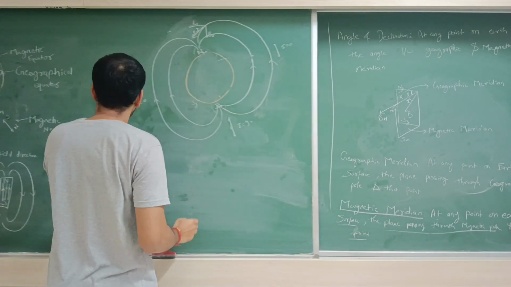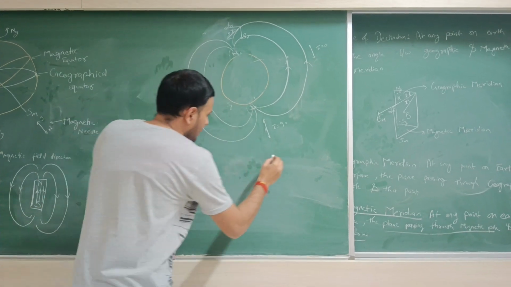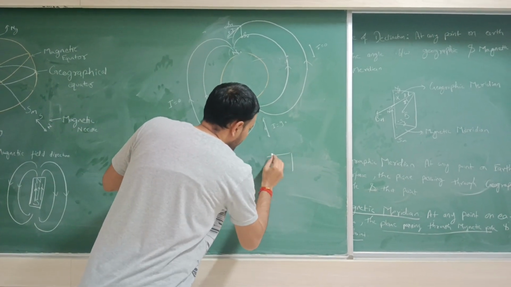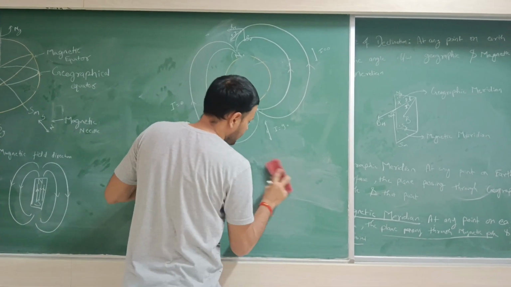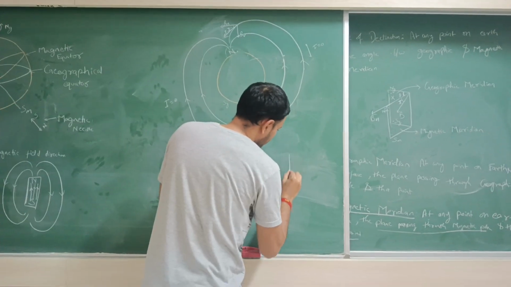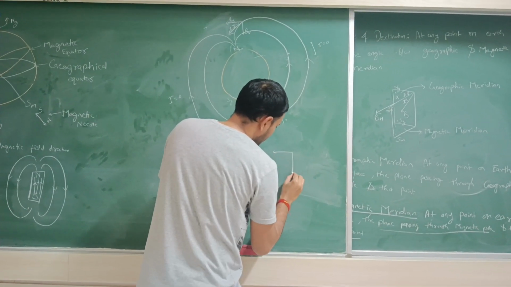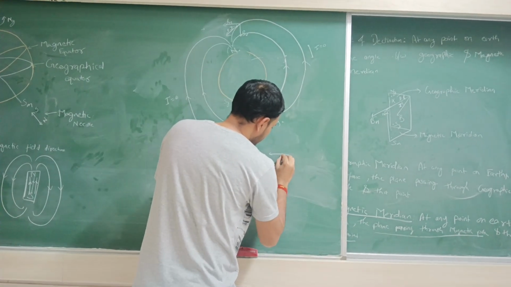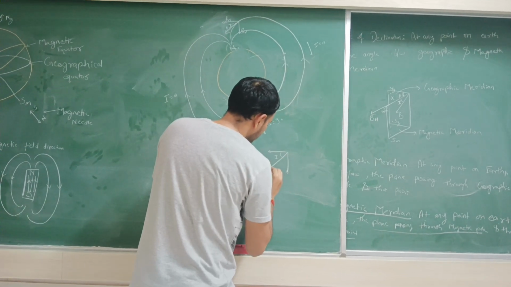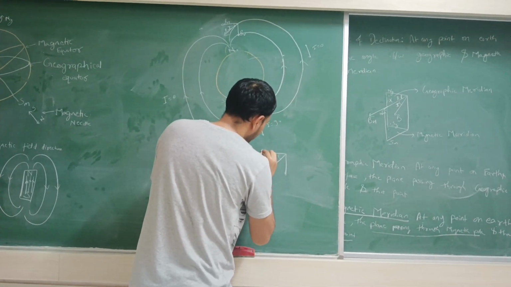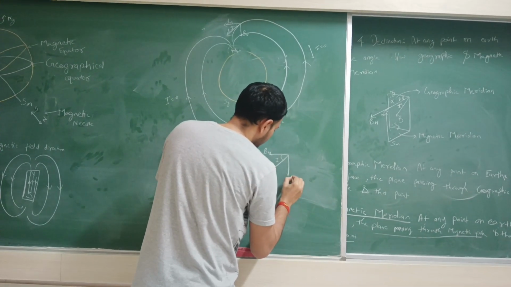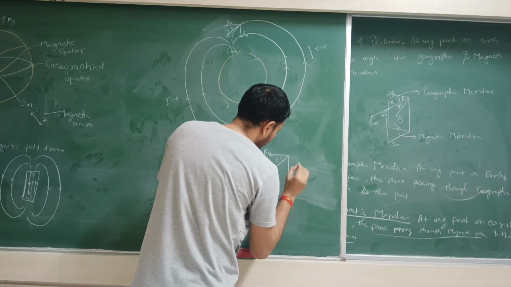And if we draw this here, this is the angle of inclination, total magnetic field, horizontal magnetic field, vertical magnetic field.